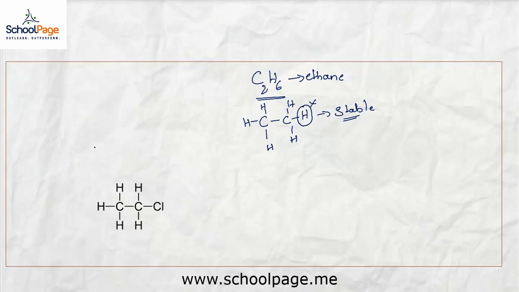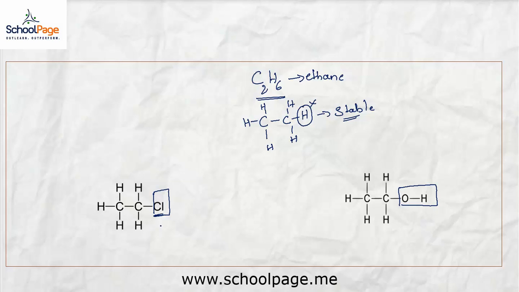Observe this compound. It's ethane in which one of the hydrogens is replaced by chlorine. And observe this compound. Here we see that the hydrogen atom is replaced by an OH group. In these two cases, we can see that a single hydrogen atom is replaced by a different atom or group of atoms.